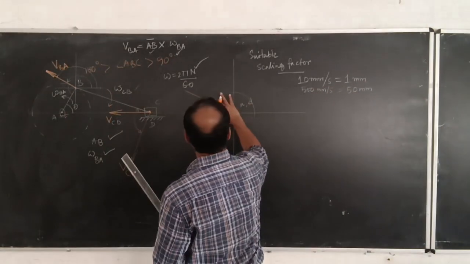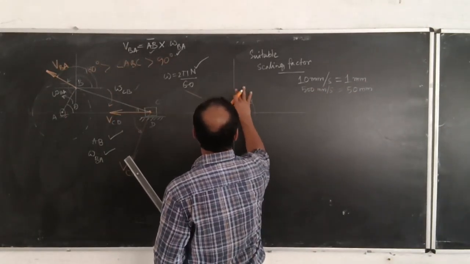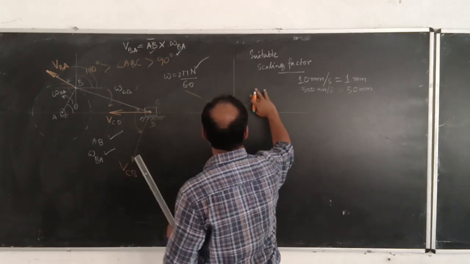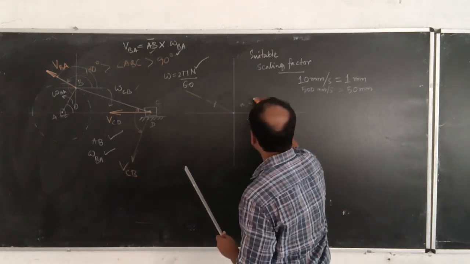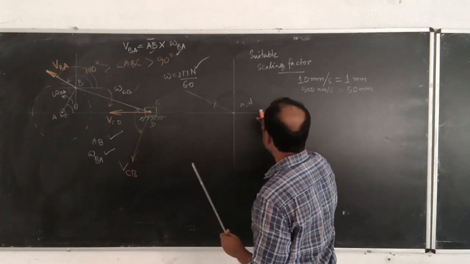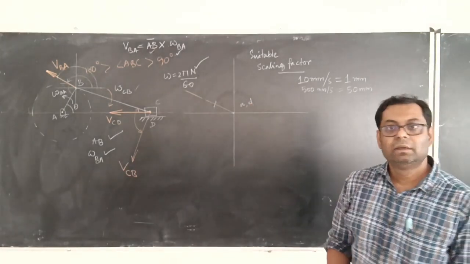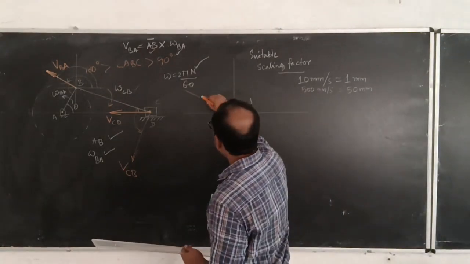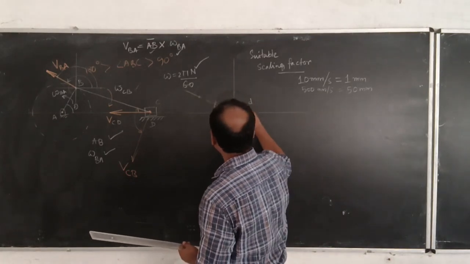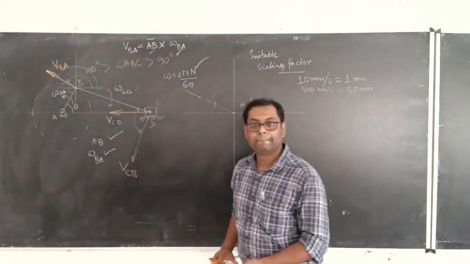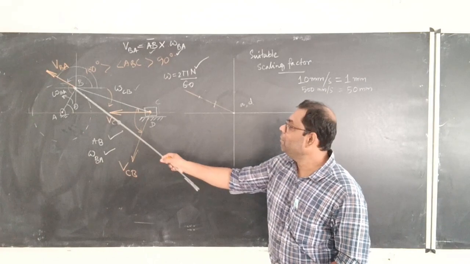So when you are going to do this, I am going to remove this line. Actually this line can create some confusion, so I am going to remove this construction line. Suppose this 50 millimeter length is somewhat like that, from here to here. Got it?